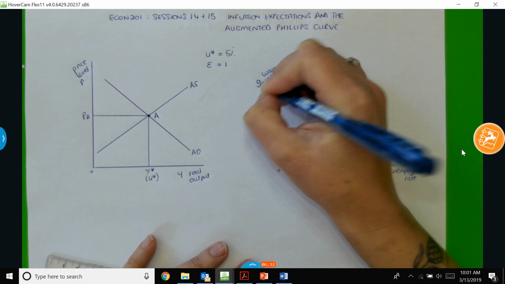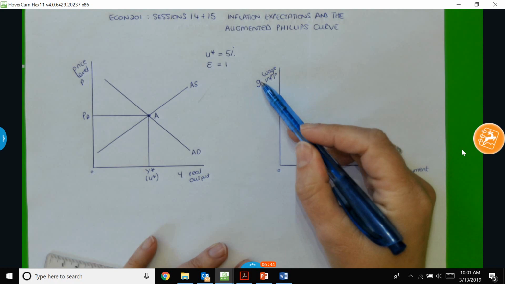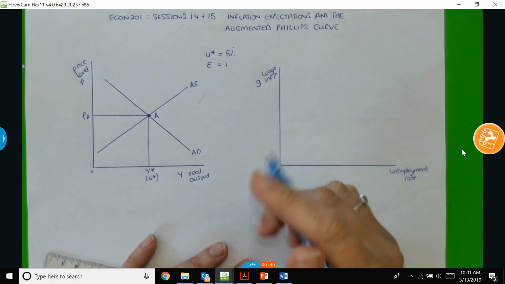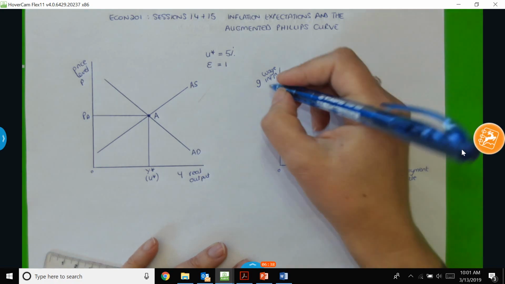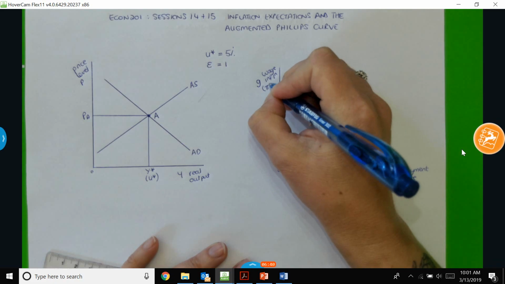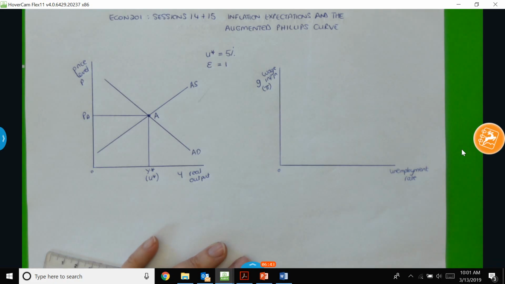The symbol for wage inflation is usually G, although here we're going to be dealing with inflationary expectations, so you can also use the pi symbol to illustrate inflation here.